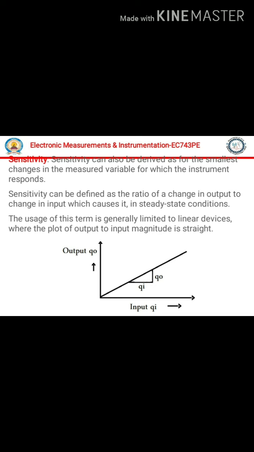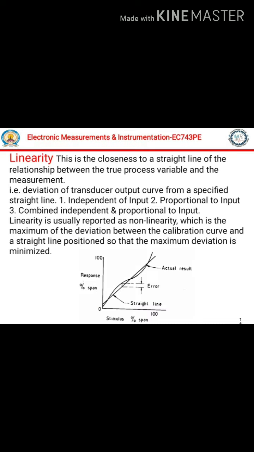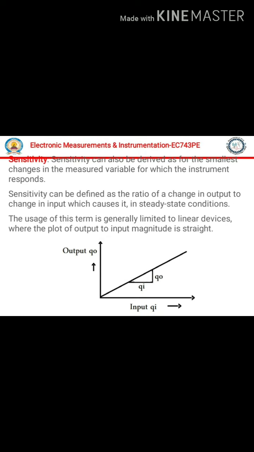For a good instrument, a small change in the input should be detected and measured by the instrument. How far it responds to the smallest change in the input is called its sensitivity. You can see in the graph the smallest change in the input and the corresponding change in the output; the ratio between these two is called its sensitivity.